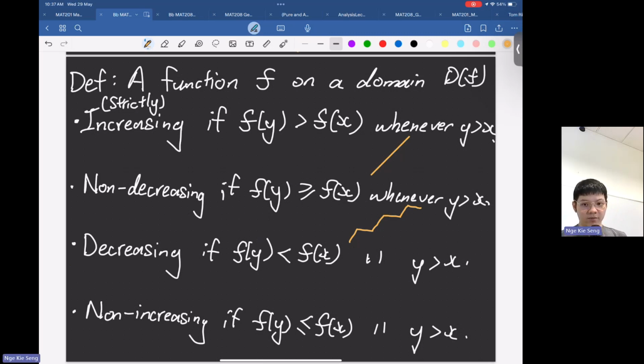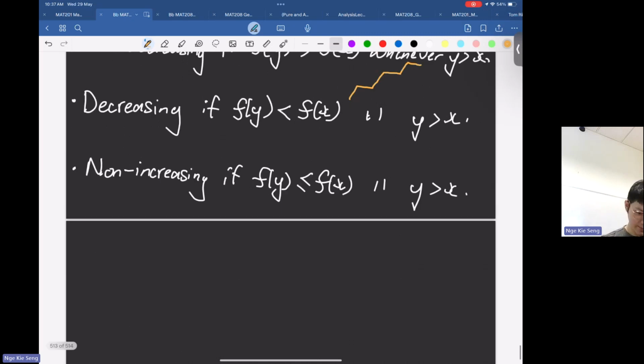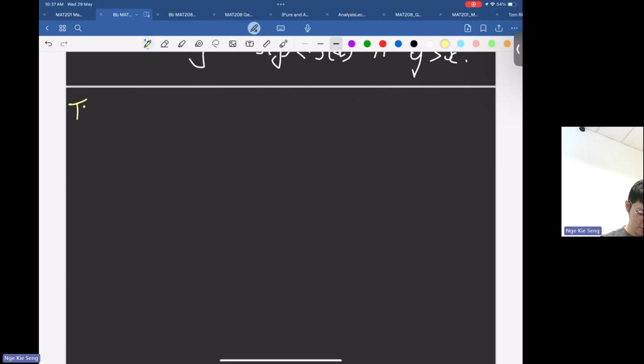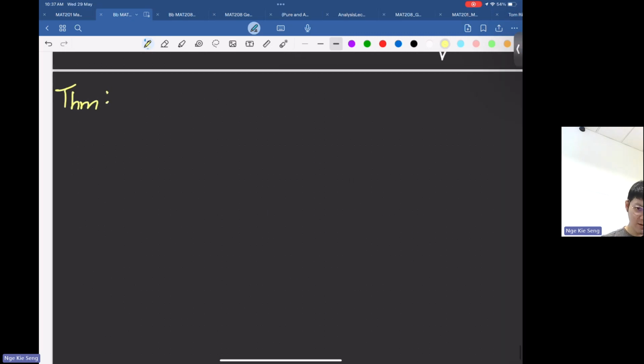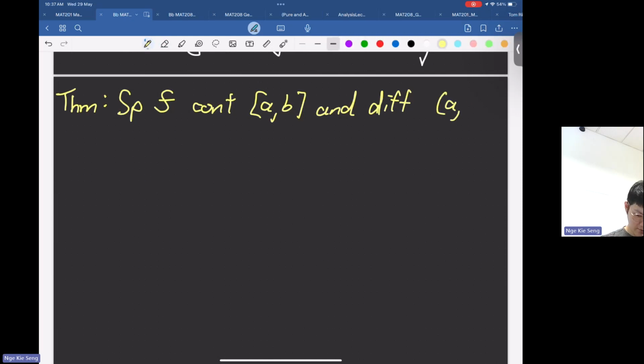All right, so what are the theorems here? Let's put down the theorems that you used in your calculus 1. Suppose f is continuous on [a,b] and differentiable on (a,b), without the endpoints.